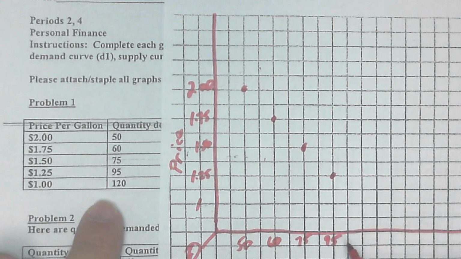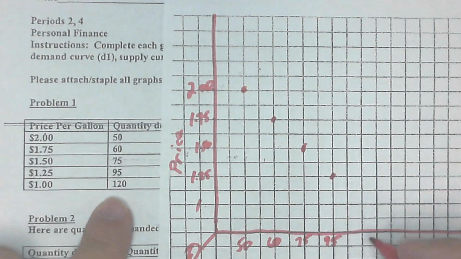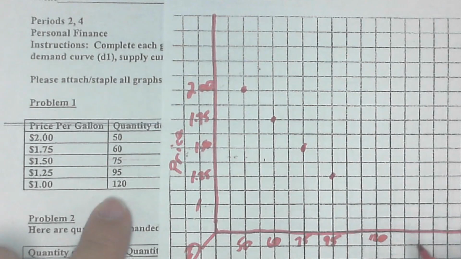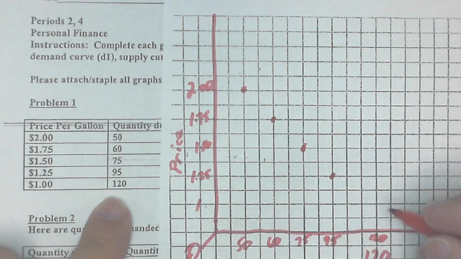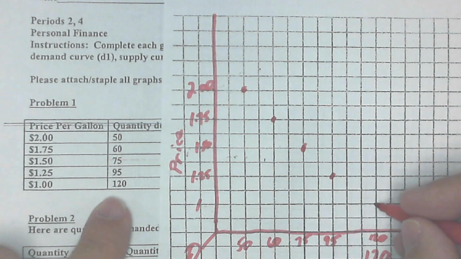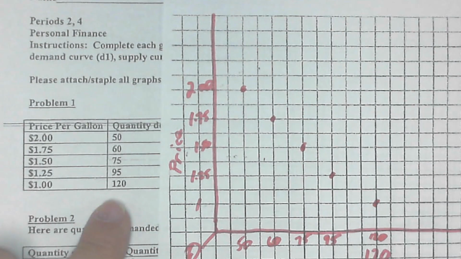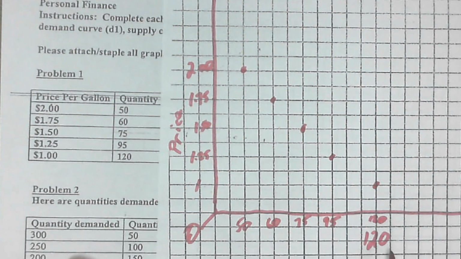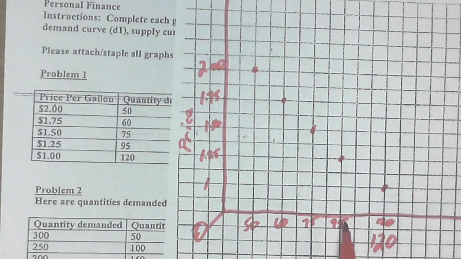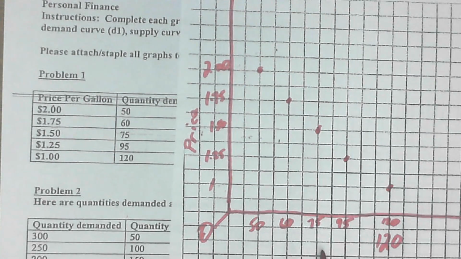Then gas gets down to $1, quantity goes up to 120. I'll go over an extra line. So 120.